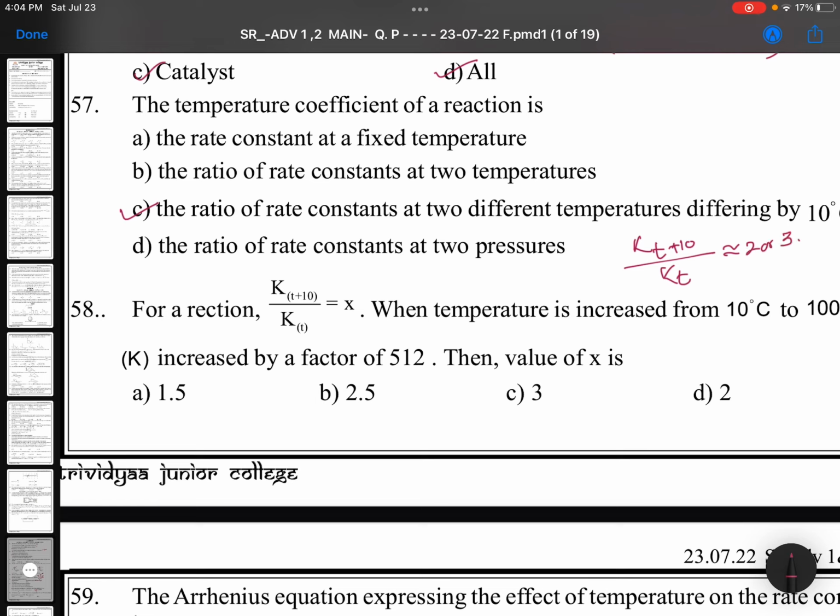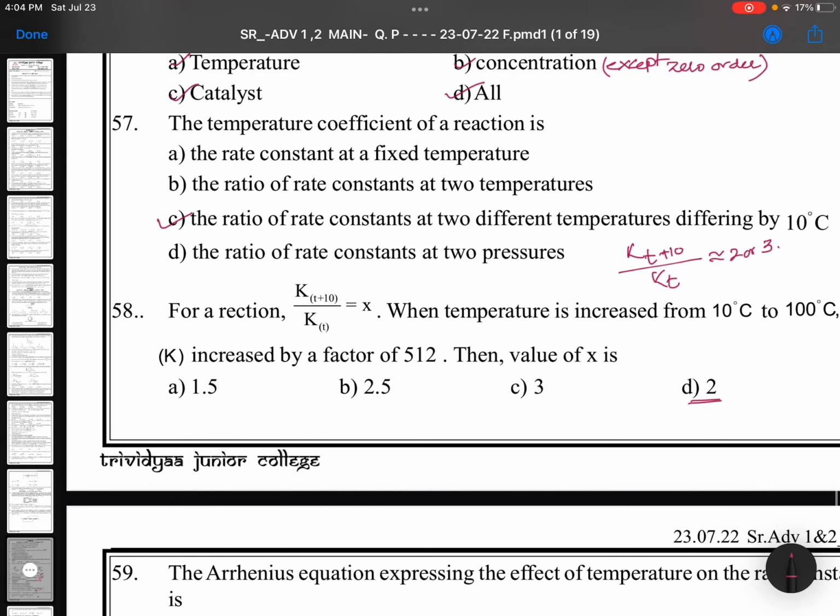For a reaction, the question is asking what the temperature coefficient is from 10 degrees to 100 degrees Celsius. 10 to 20 to 30 to 40 to 50 to 60 to 70 to 80 to 90 to 100. First, second, third, fourth, fifth, sixth, seventh, eighth, ninth.